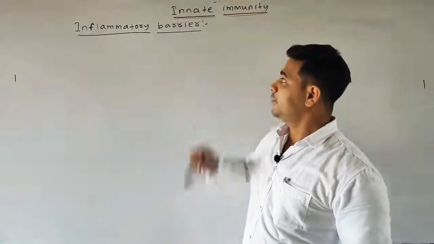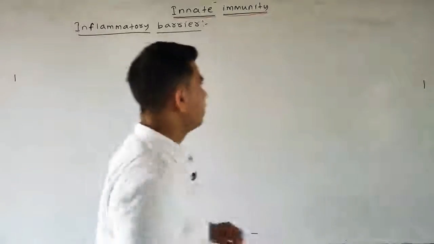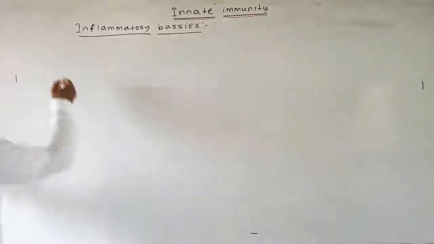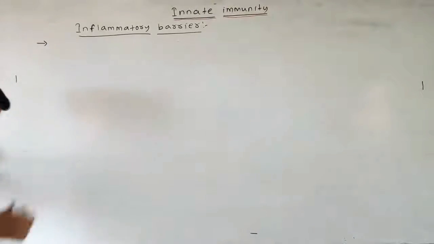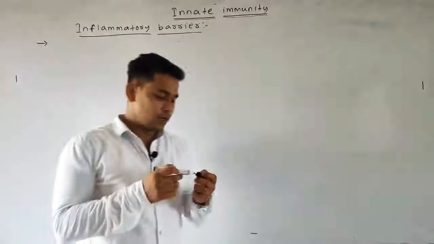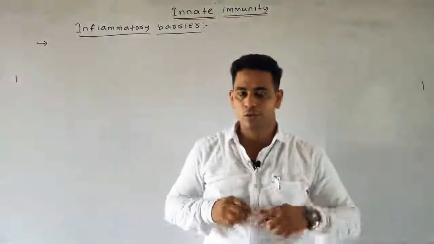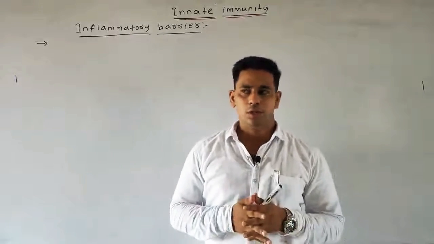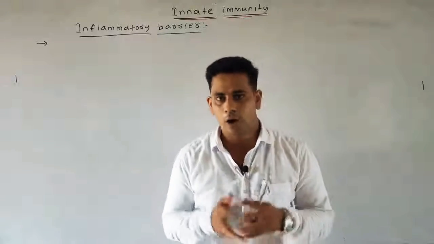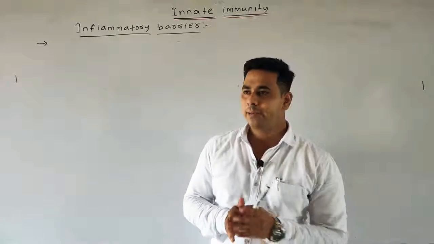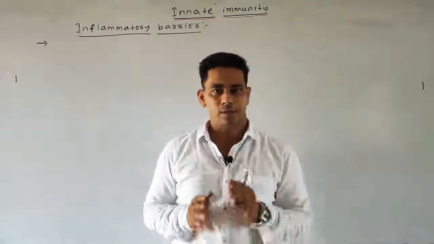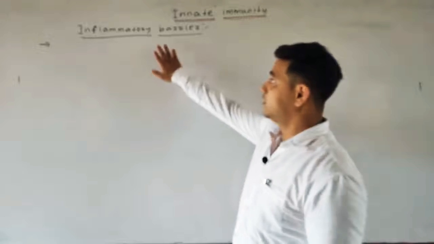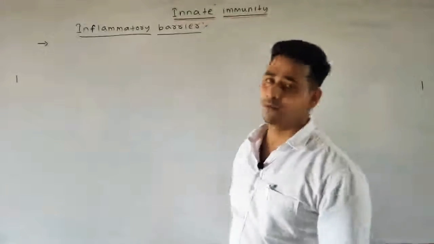Now come to your inflammatory barrier. First point, the inflammatory barrier is a non-specific response which develops due to the injury of the tissue or its infection. Whenever tissue injury happens, a response is created which is known as the inflammatory barrier.